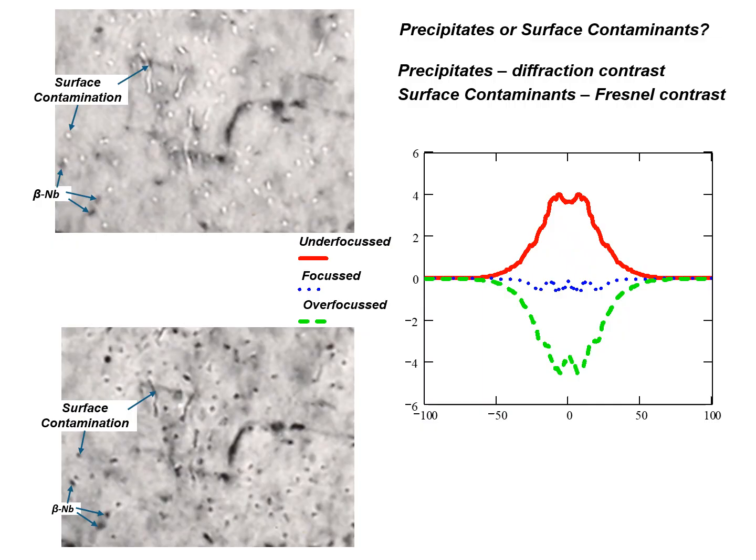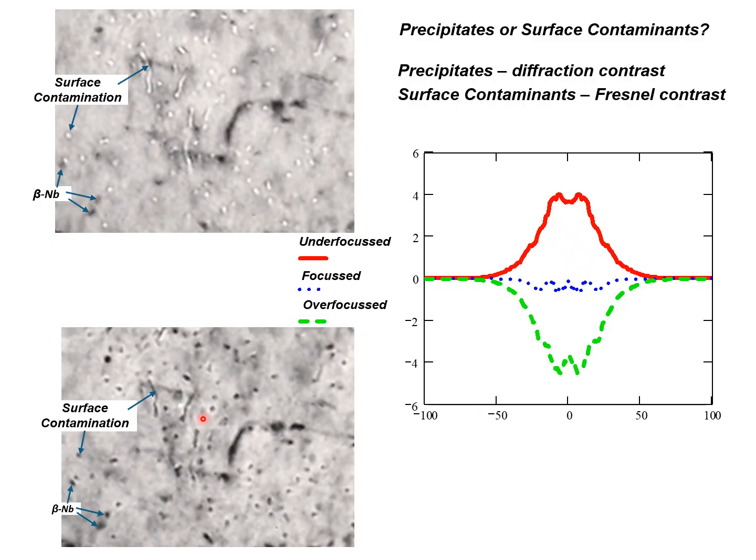True artifacts that people should be aware of are deposits on the surface. In the case of zirconium 2.5 niobium, both in electropolishing and I think in FIB preparation, you tend to deposit niobium-rich oxide as little dots and little strings on the surface.